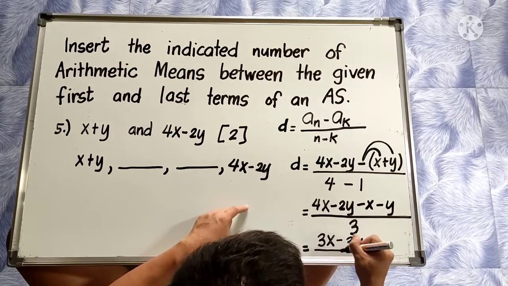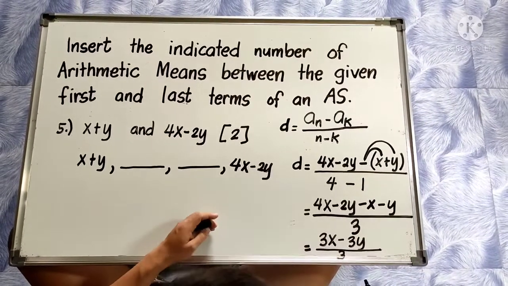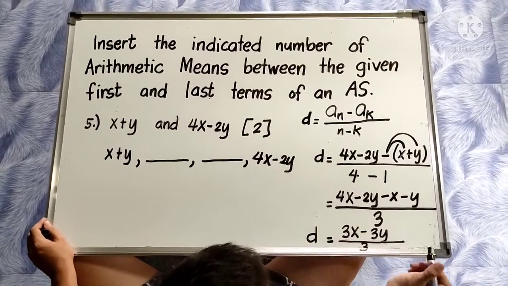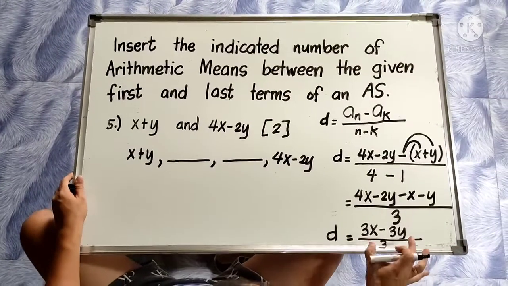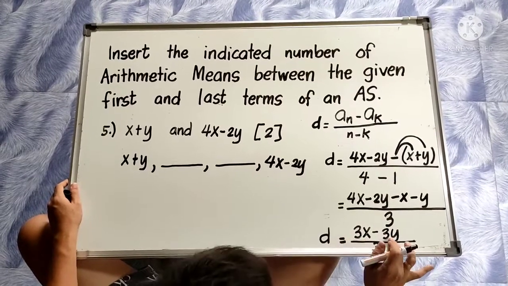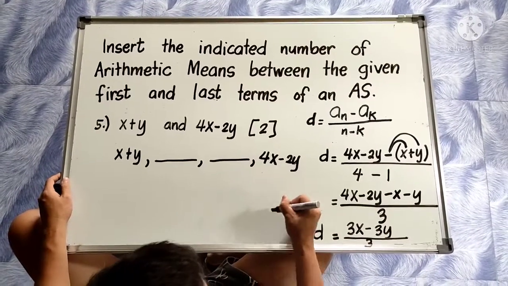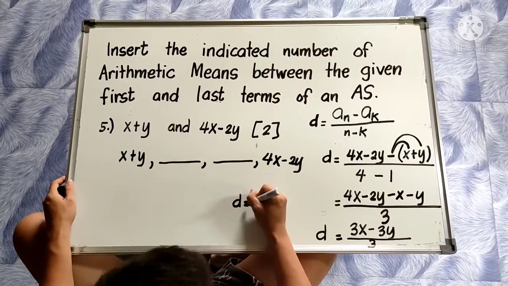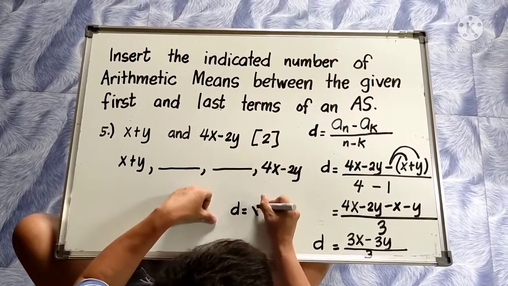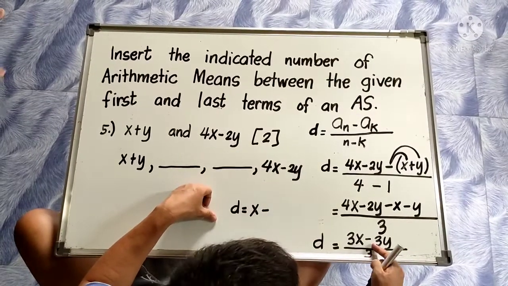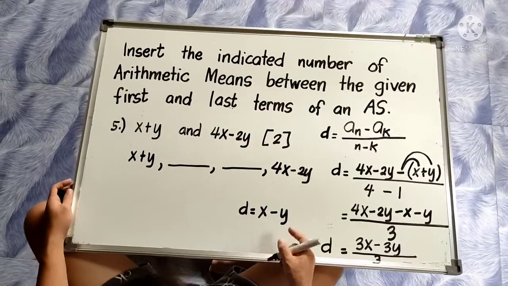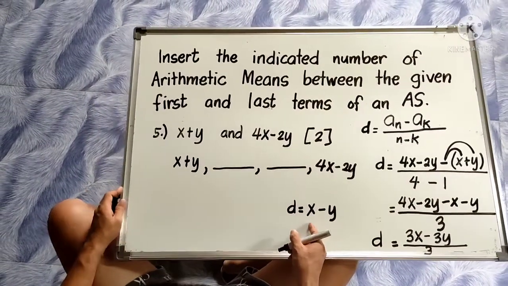All over 3. Okay. This is not yet the final common difference, because you have noticed that the numerator has a common factor. What is common in the numerator? 3. So you can simplify it further. Our common difference d is equal to 3x divided by 3 is x, minus 3y divided by 3 is y.